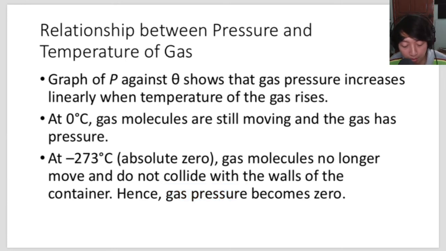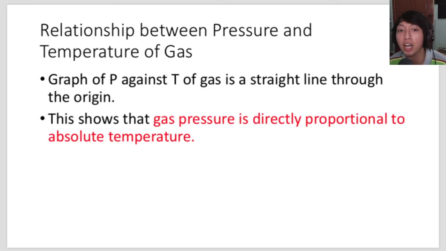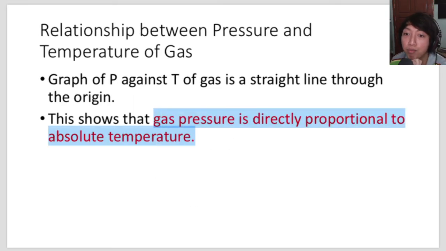So this is a theoretical absolute 0. Again, if we were to plot the graph of Kelvin against Pascal, you'd see a straight line going through the point of origin. Therefore, according to this graph, what is the relationship? The relationship is that gas pressure is directly proportional to absolute temperature.